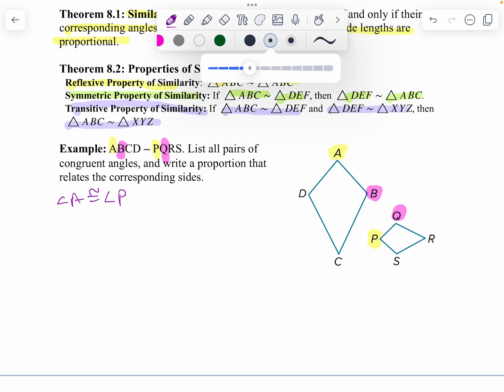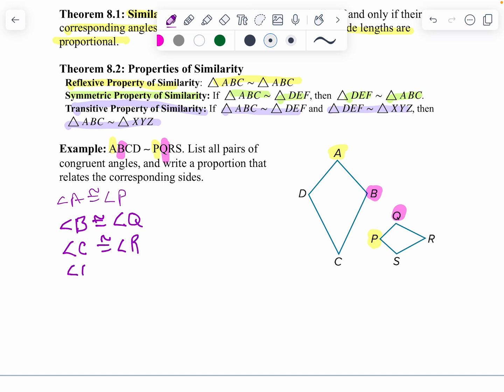So we're going to say angle B is congruent to angle Q. And we'll go angle C is congruent to angle R. And angle D is congruent to angle S. So far, that's just like we did with congruence, isn't it?